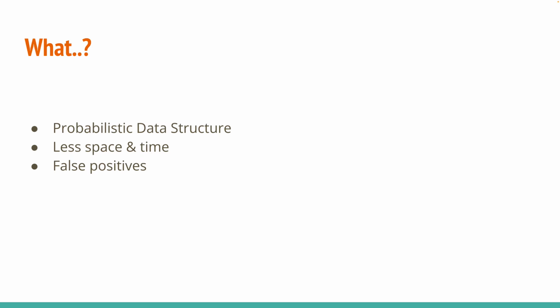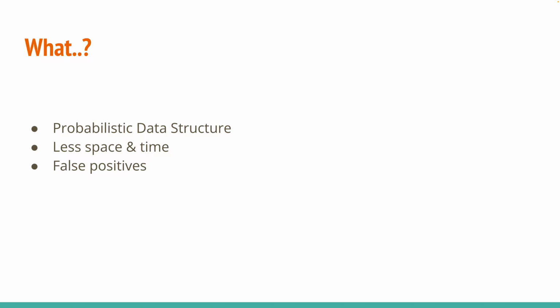Some kind of additional check is needed. That's the trade-off we need to accept to gain the advantage of space and time. We are compromising a little on accuracy here. And this accuracy is configurable. If you want more accuracy, you are going to lose on the space and time advantages. So we need to balance that from use case to use case.